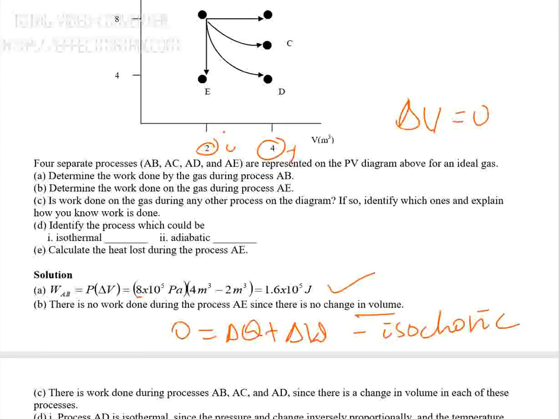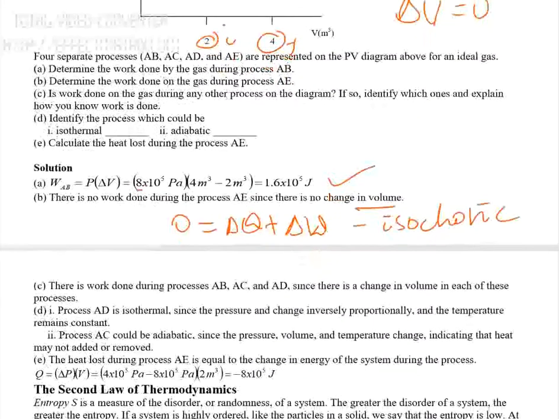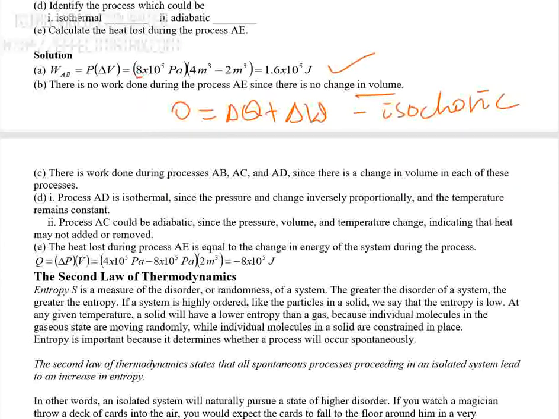But A to E, we don't have any work, because work done by any gas is equivalent to P times change in V. If there is no change in volume, there is no work. Therefore, from A to B, AC, and AD, since there is change in volume, there is work done. But in A to E, we don't have any work.